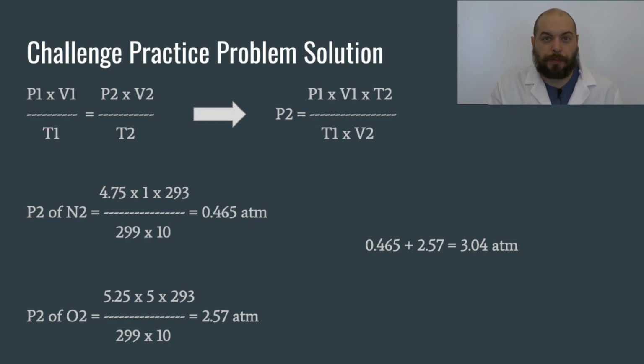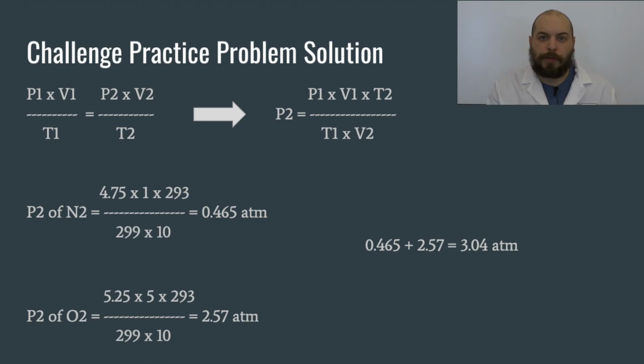Let's start with the nitrogen. Now the nitrogen starts with a pressure of 4.75 atmospheres in a 1 liter container at 26 Celsius. It's then moved into a new container. That new container is at 20 Celsius and has a volume of 10 liters. What we can do is, again, apply our combined gas law.